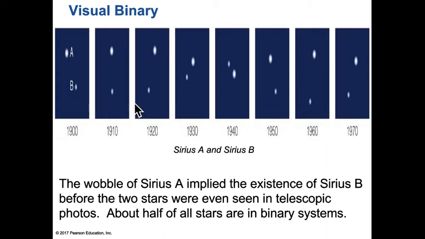So if you go through these photos, notice 1950 replicates 1900. So again, the period is 50 years. About half of all stars are in binary systems.